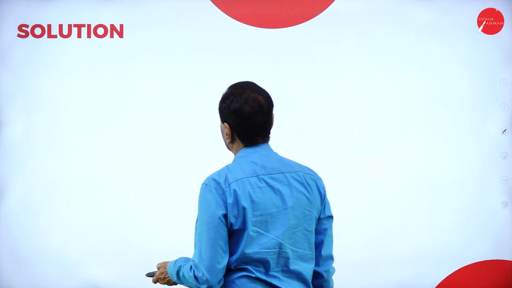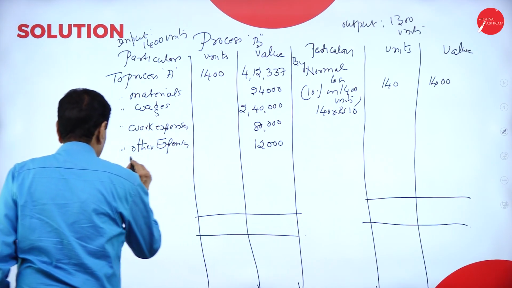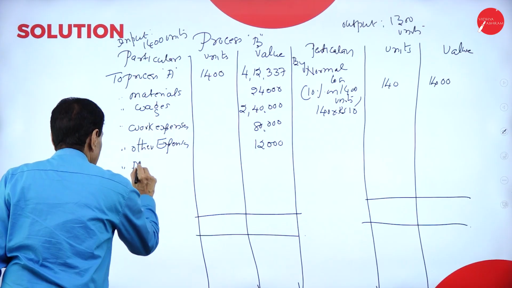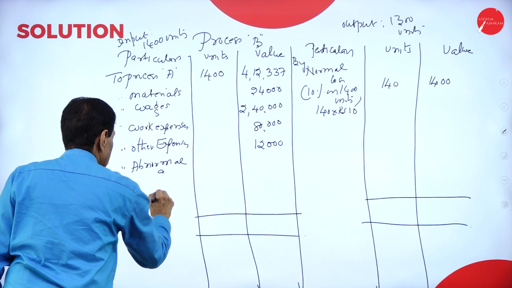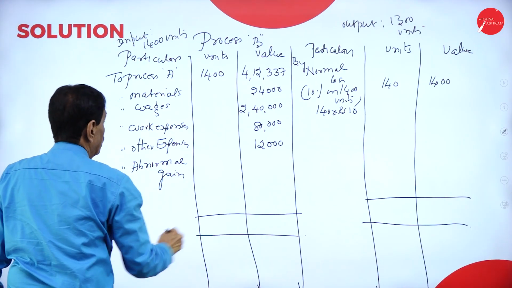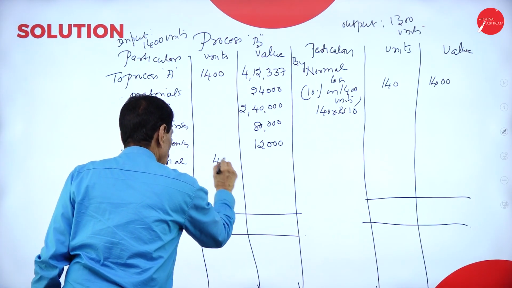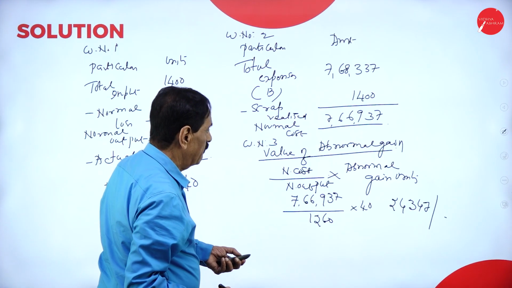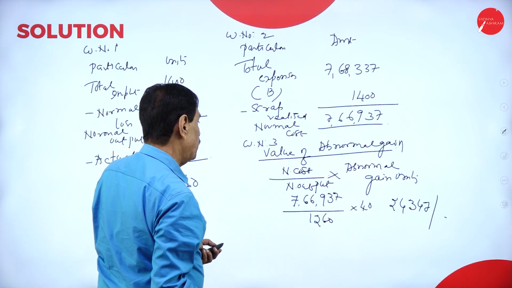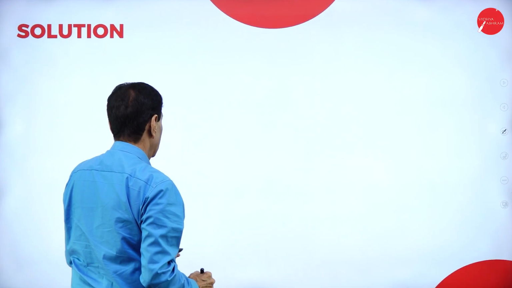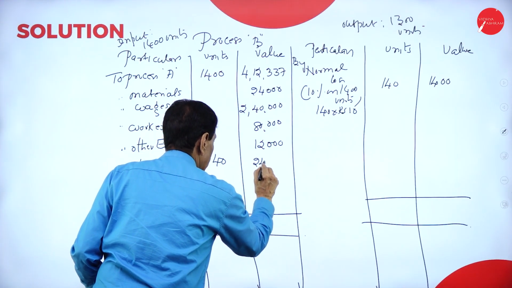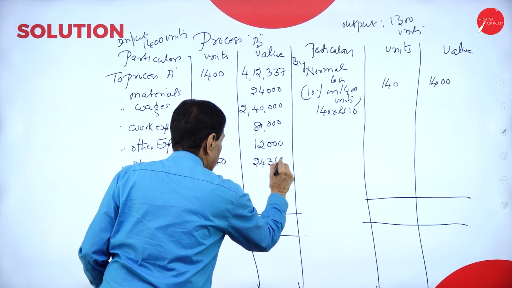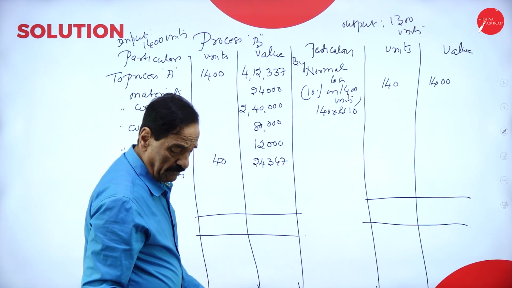40 units, to abnormal gain. How many units? 40 units. Value 24,347. Now find out the value.